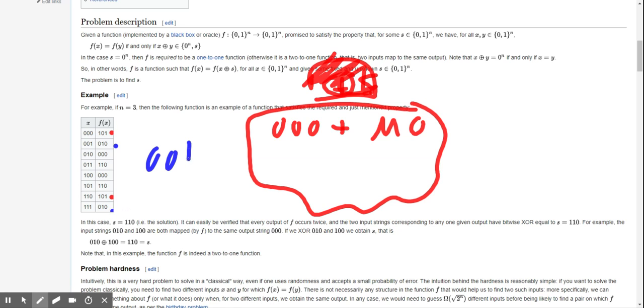So the 0, 0, 1 plus 1, 1, 1, sorry. Yeah, which has that s applied, right? And somehow the Hadamard then covers that.